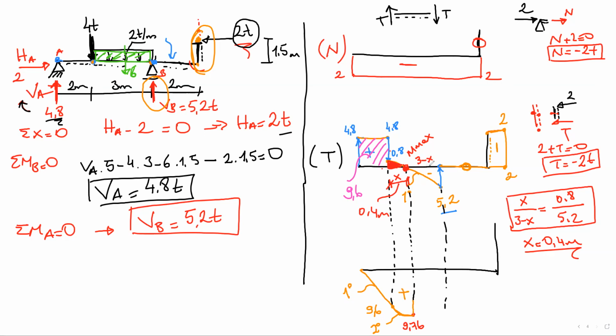Now let's calculate the area of the triangle. This distance is 3 minus 0.4 equals 2.6 meters. If you calculate this area, 5.2 times 2.6 over 2, let me check that area.